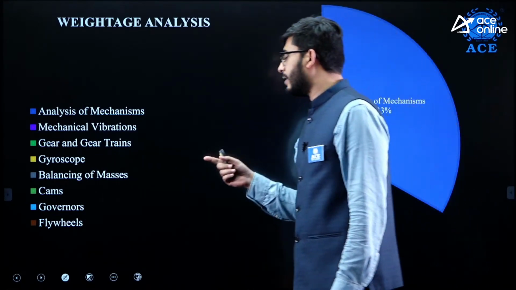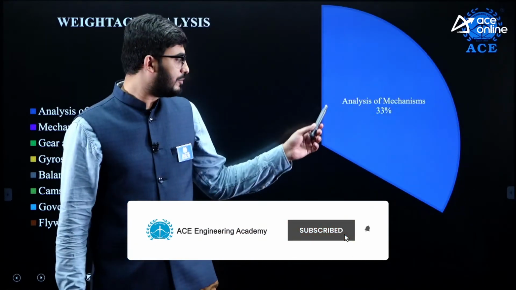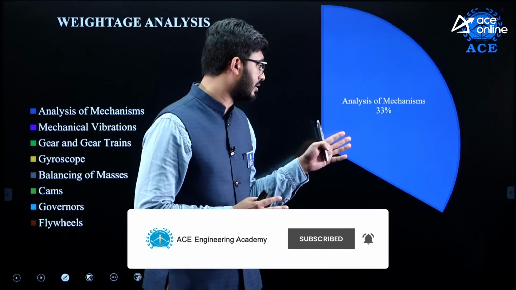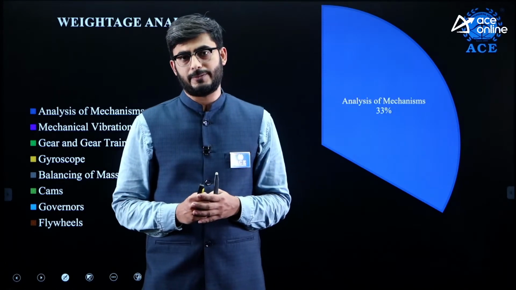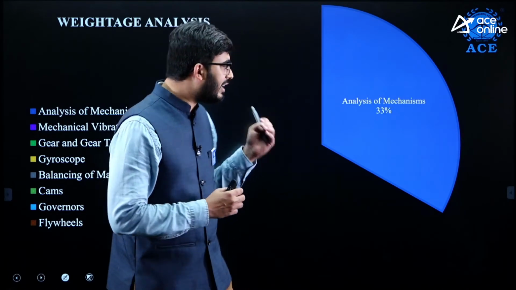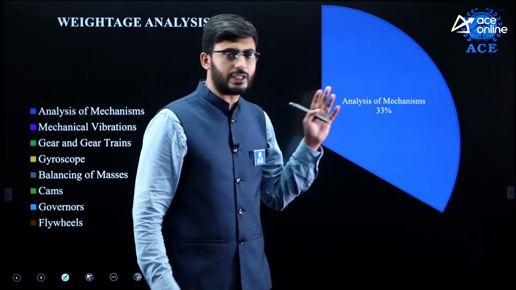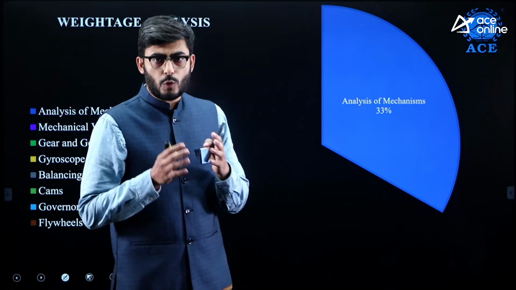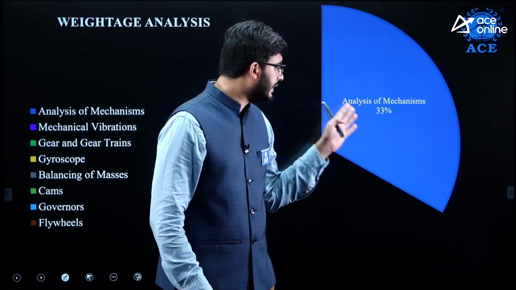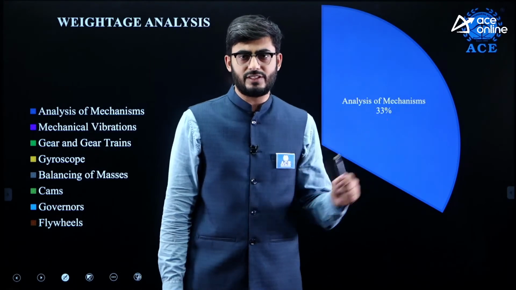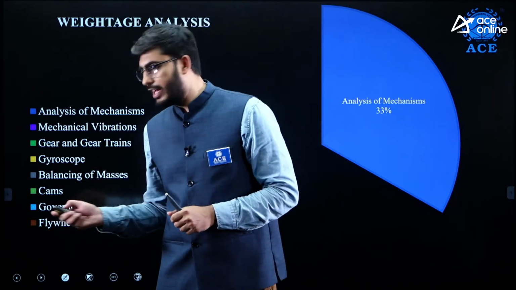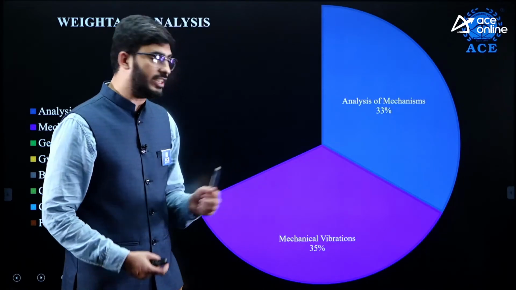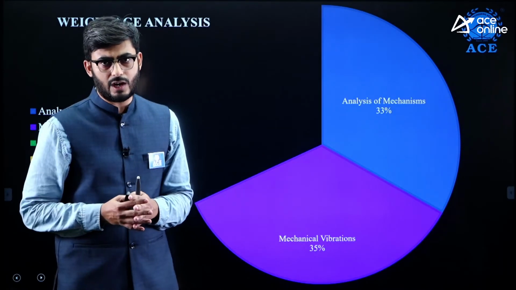In the mechanisms topic, we can see 33% of the questions were covered, so rarely is there a chance to miss a question from this chapter. Next, another important topic is mechanical vibrations, which has 35% of the questions covered.